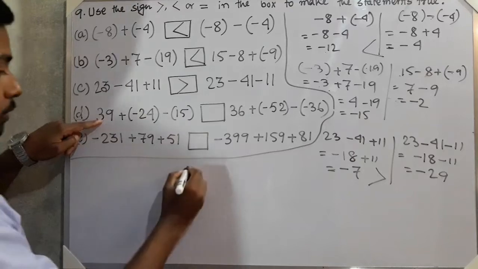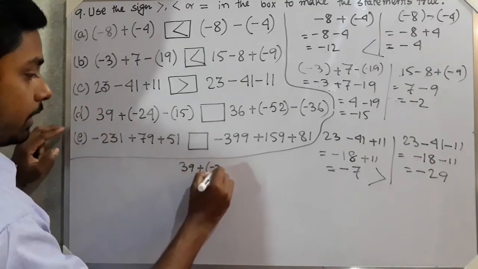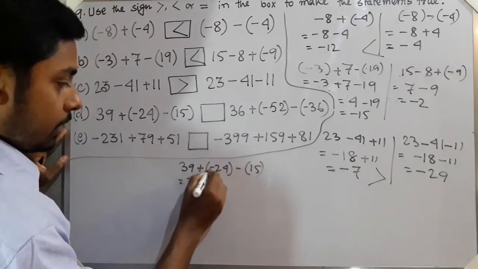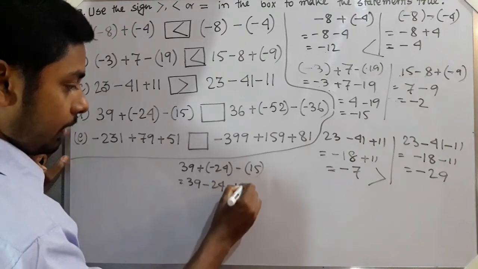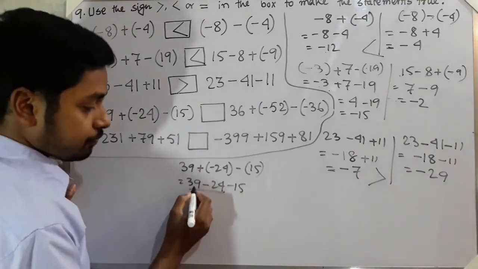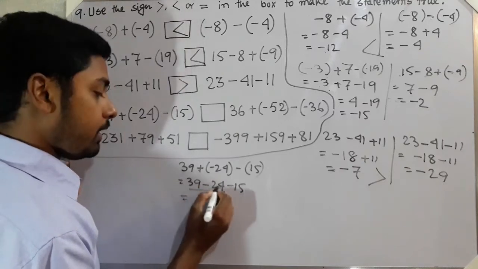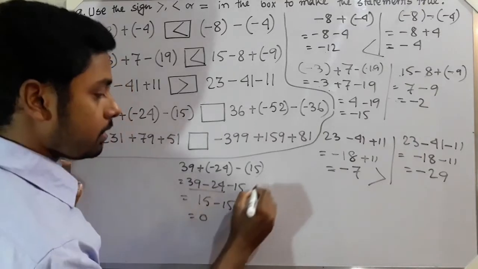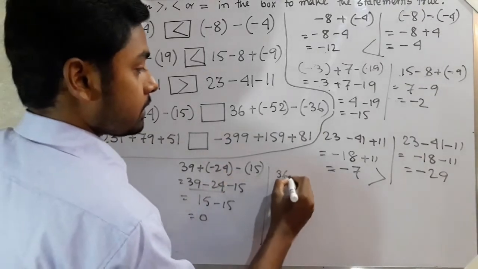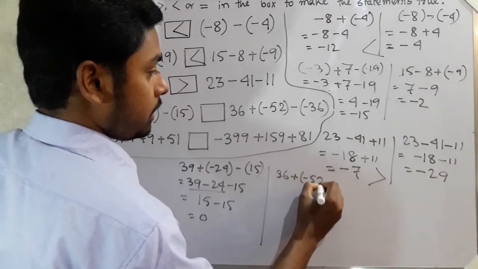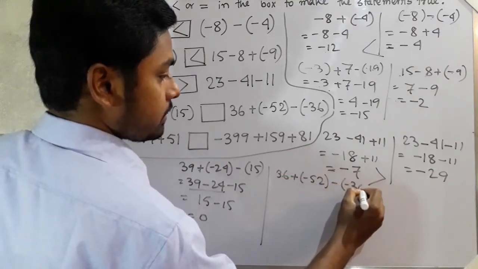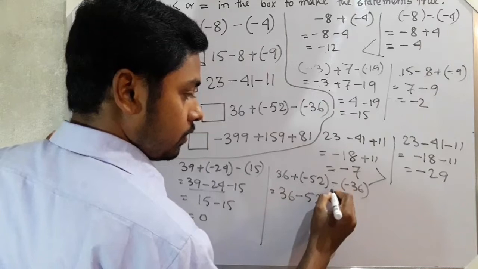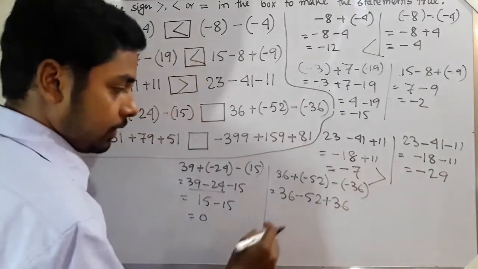Same to same, this one. Suppose 39 plus minus 24 minus 15. To solve it, 39 minus 24 means 15, and 15 minus 15 is 0. So this part, 36 plus minus 52 minus plus 36.